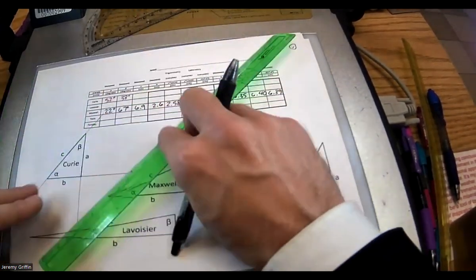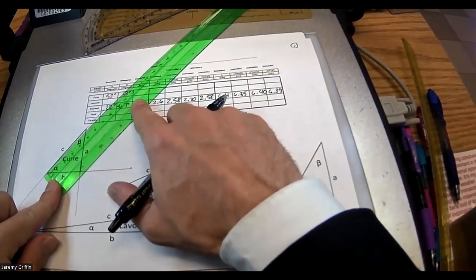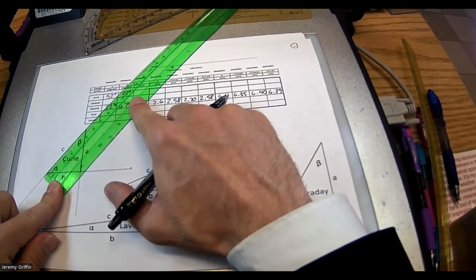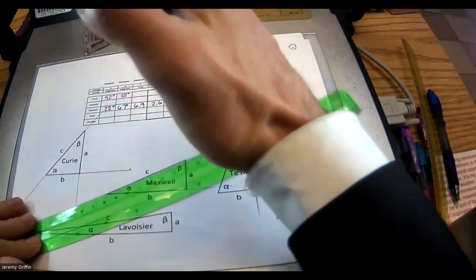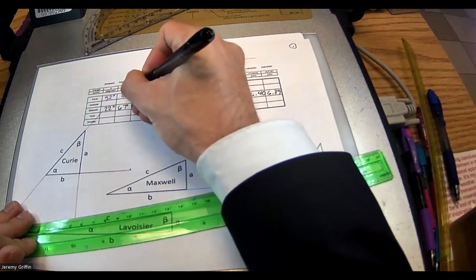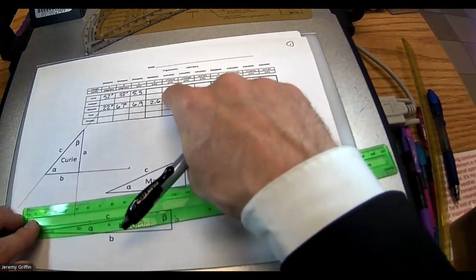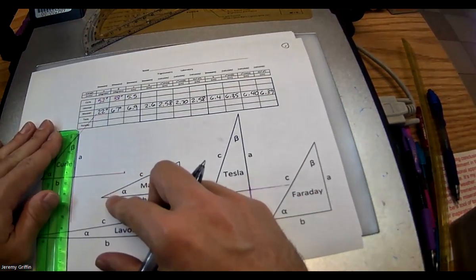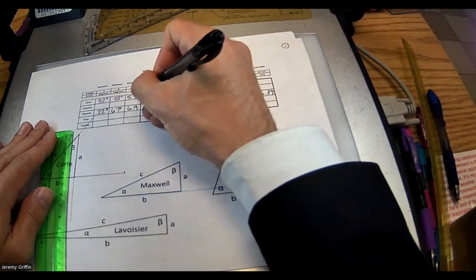C, what is side C? Hypotenuse. This is 5.5, I think. 5.5. If you get something slightly different than I do, then that's fine. What is side A measured? I'm looking at 4.4, I think. 4.4.